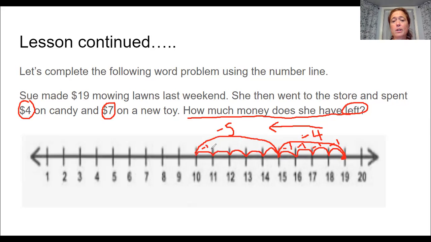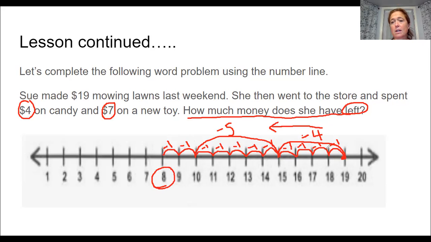Just make sure to put in your subtracting of 1 so you can keep track. And then that's 9. So I still need to subtract 2 because remember, 7 is 5 and then a 2. So 10 minus 1, 2. And she has $8 left.